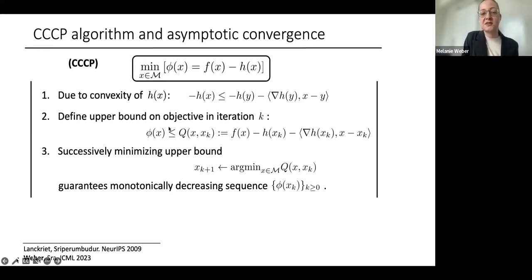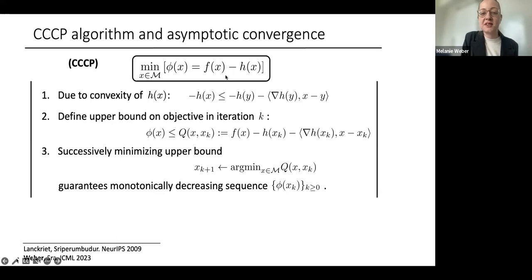The algorithm itself is very simple and it can be derived in three steps. So let's do that here. We know that the component functions are Euclidean convex. So in particular for h, the Euclidean convexity condition, if we just rearrange terms, gives us this inequality.